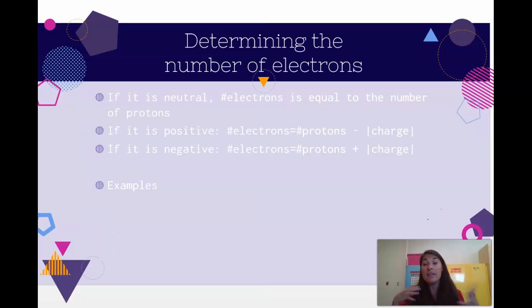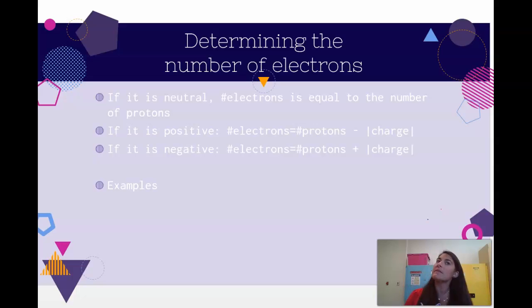Where it can start getting a little trickier is electrons. And so my advice to you when you think about these electrons is to use common sense. We know that if something is neutral in the world, then the amount of positive stuff is the same as the number of negative stuff. When we're talking about atoms specifically, that means that the number of protons is equal to the number of electrons.